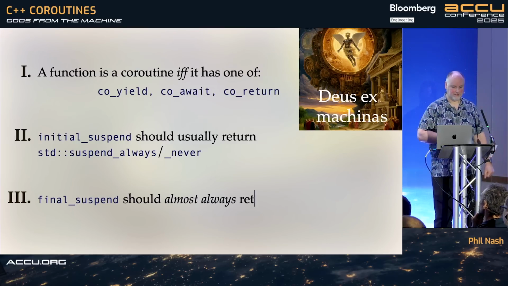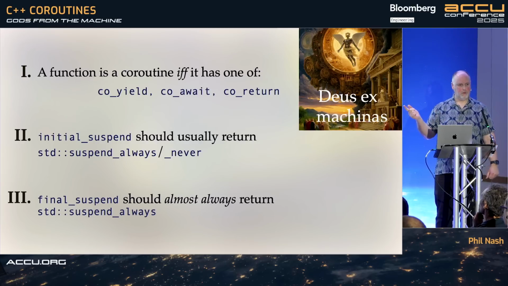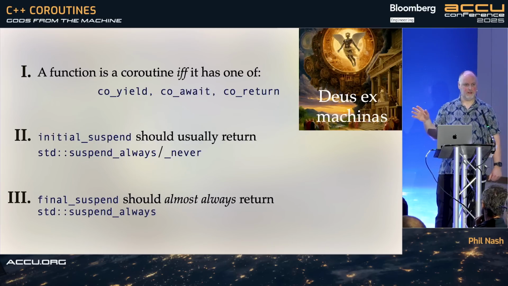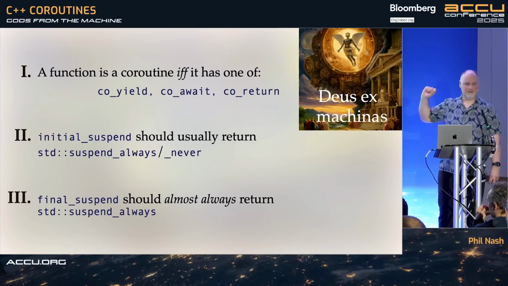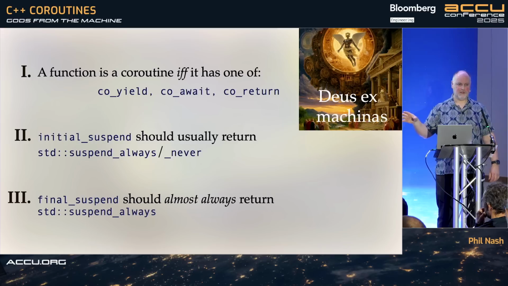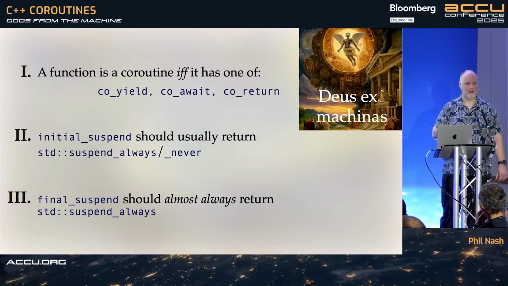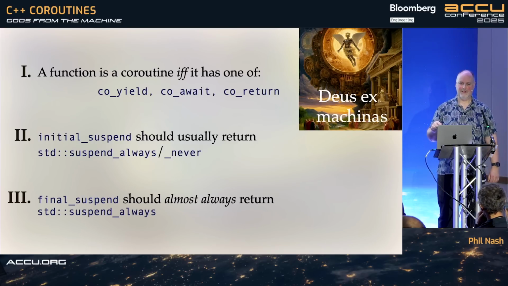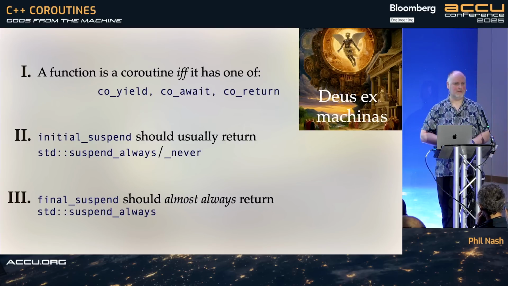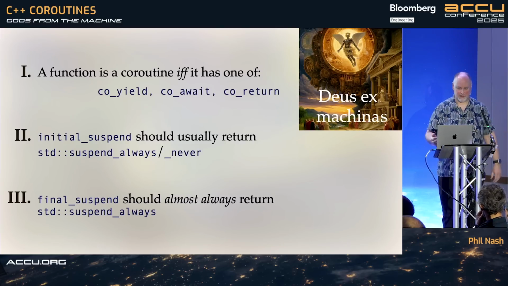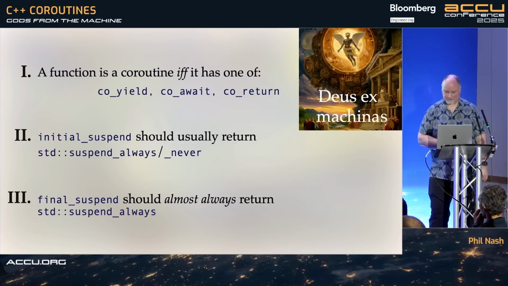And similarly with final suspend. We also usually return one of those two options, but almost always it's suspend always. So by default, if you just always return suspend always from final suspend, unless you know otherwise, then you should be safe. It's almost like that should probably just be the default and we should only implement it if we want something else. But this is the design we've got.